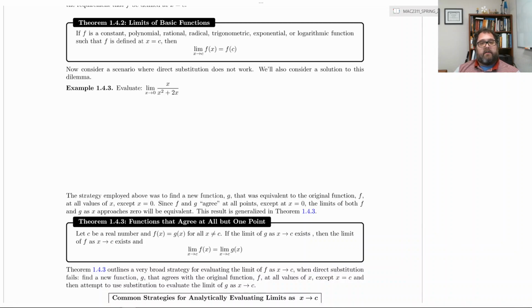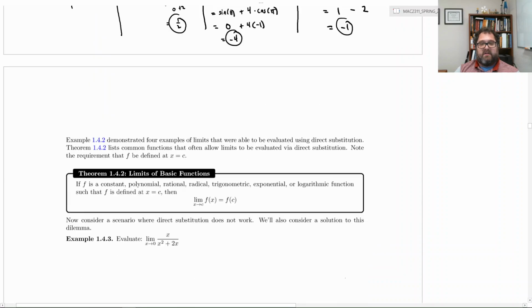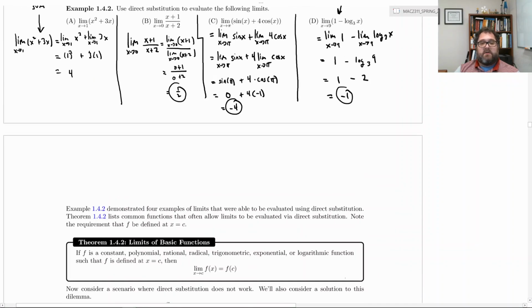Theorem 1.42 talks about why we could do those previous limits by just using substitution, so why those 4 limits worked out nicely. Theorem 1.42 says basically if you have a pretty typical function: constant, polynomial like example A, rational like example B above, trigonometric like example C above, logarithmic like example D above, exponential.